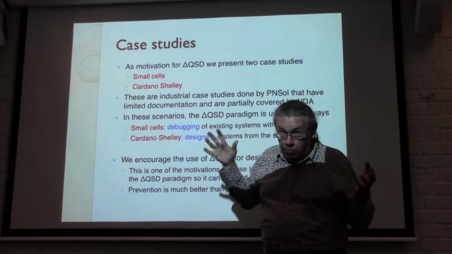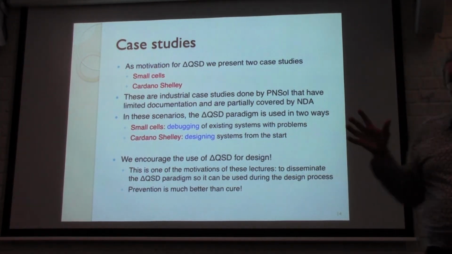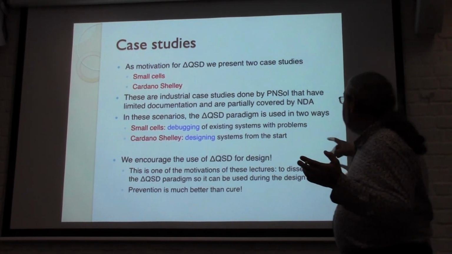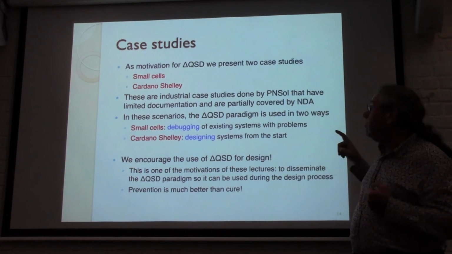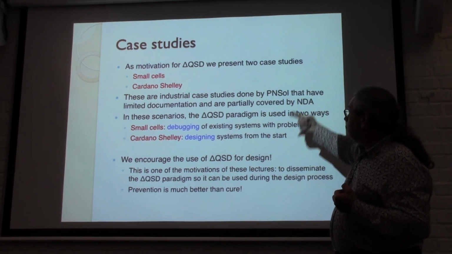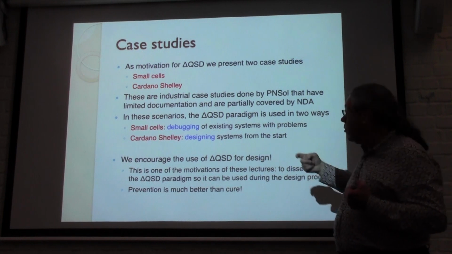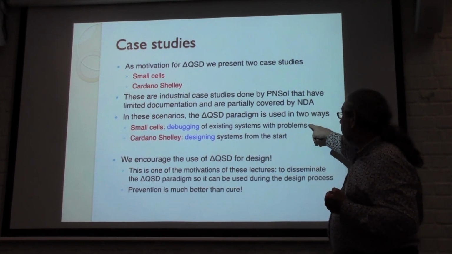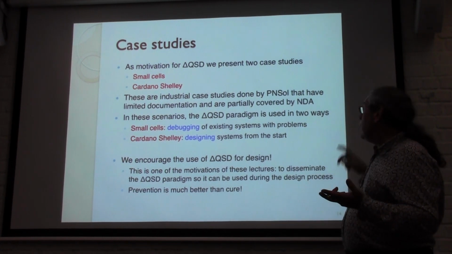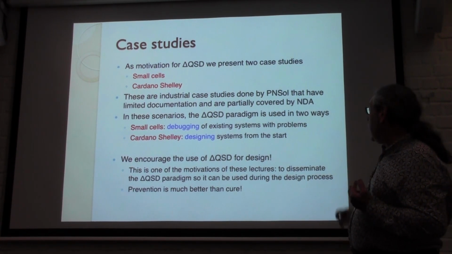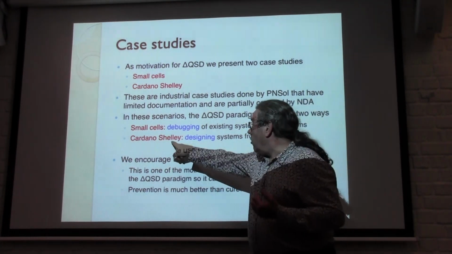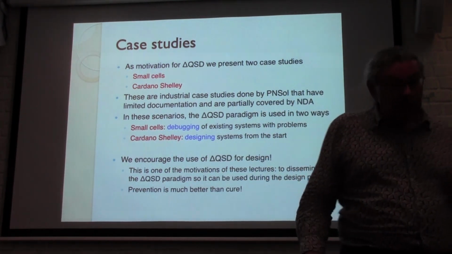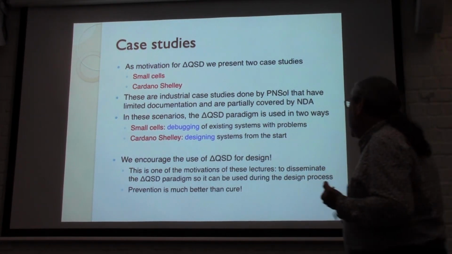In the small cells case, I will use delta Q for debugging. We have a system with a problem, and this big company was very worried, and P&Sol solved the problem by deducing what's going on, actually using abduction if you want to be very precise, Sherlock Holmes style reasoning. But in Cardano, which is the cryptocurrency, they did smarter than that.